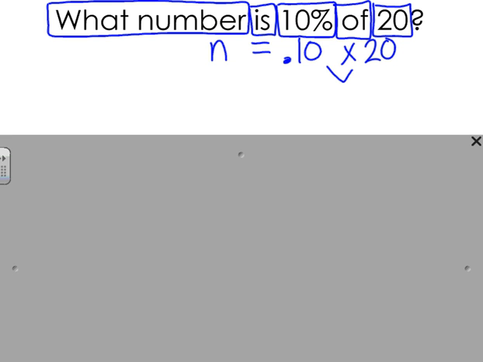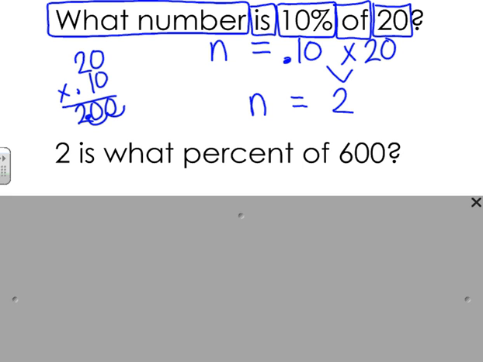So multiply those two together, 20 times 10 hundredths. And you're going to move your decimal point over 2 places, so you get the number 2. So n equals 2. So that would make sense. If you get 2 out of 20 on a quiz, that would be a 10%. So hopefully you're not getting 2 out of 20 on your quizzes.